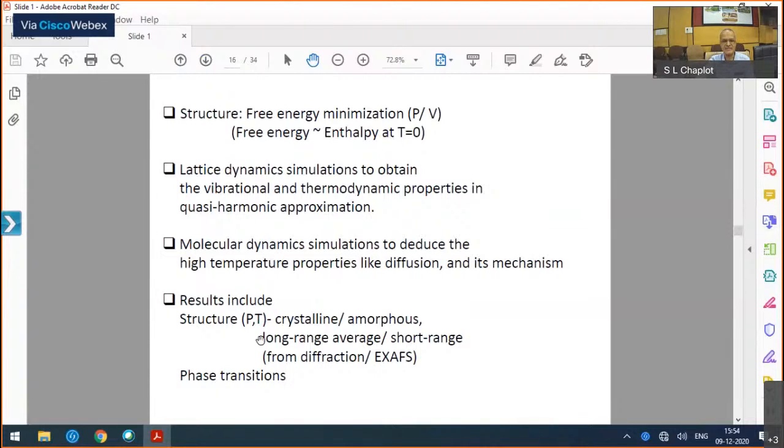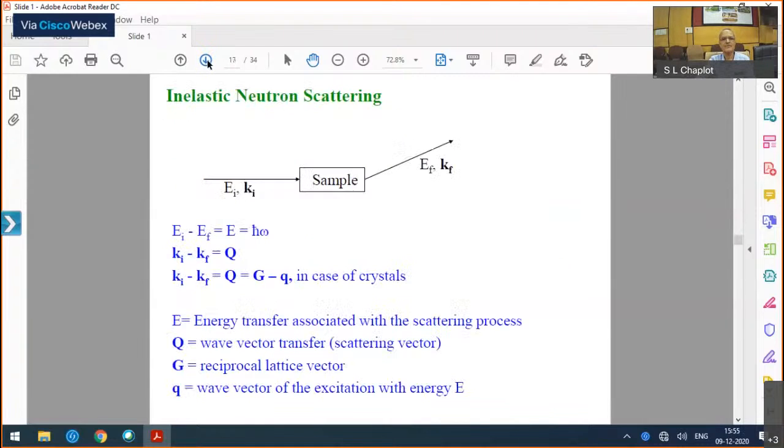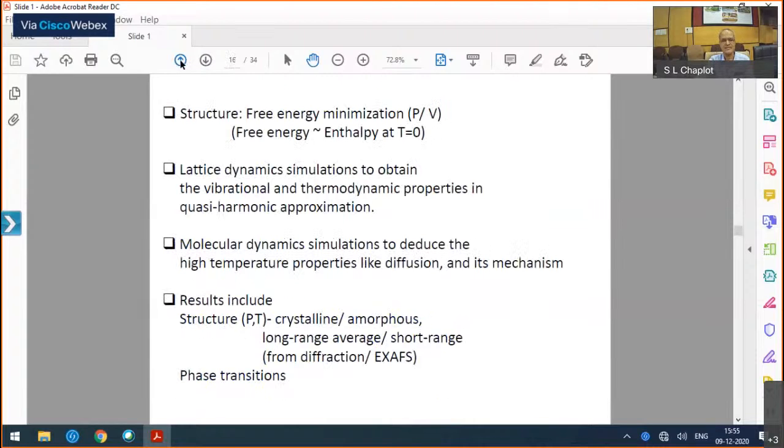And with the various results, one can study the structures as a function of pressure and temperature, various kinds of long range order and short range order, phase transitions, and so on. Okay, so I think I'll stop here. Then in the next lecture, we'll start with neutron scattering, the details of the experimental techniques of these various things.